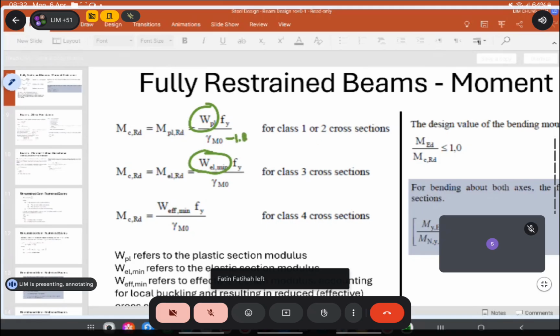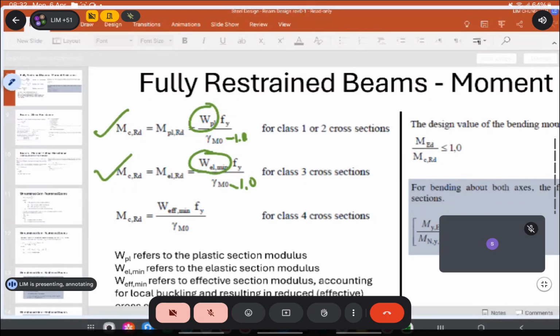If it's class 3, then you use the elastic section modulus multiplied by again the yield strength divided by gamma m naught, which is again still 1. Okay. So yang ini dengan ini penting. Class 1, class 2, class 3 penting.